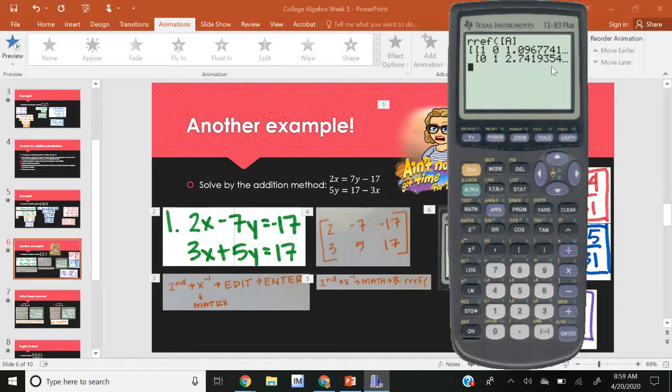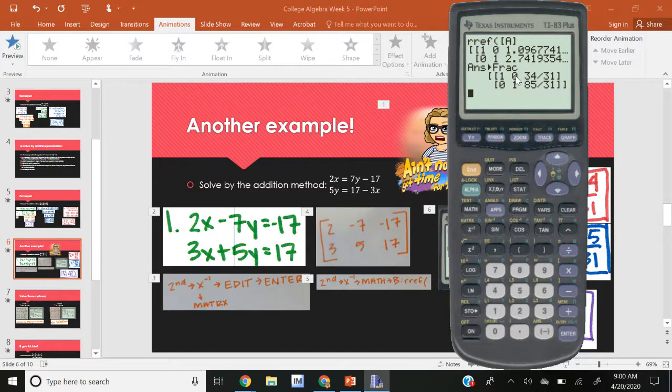And you get this really big hot mess. That's where you turn it into a fraction, because our answers are going to be fractions on this one. And you'll see it says 1, 0, 34 31sts, 0, 1, 85 31sts. Well, if you remember what we typed in, it went x, y equals, x, y equals. So this really says 1x plus 0y equals 34 31sts.